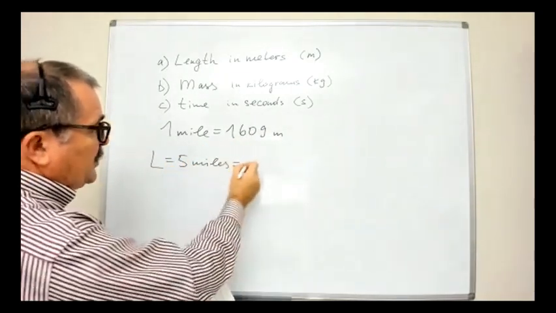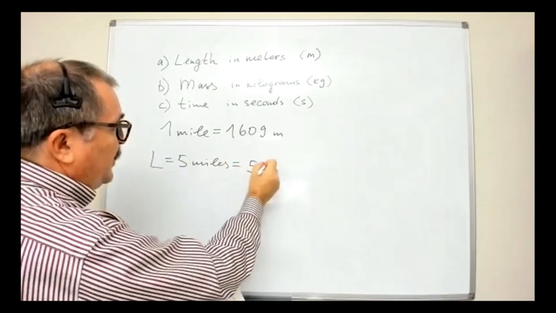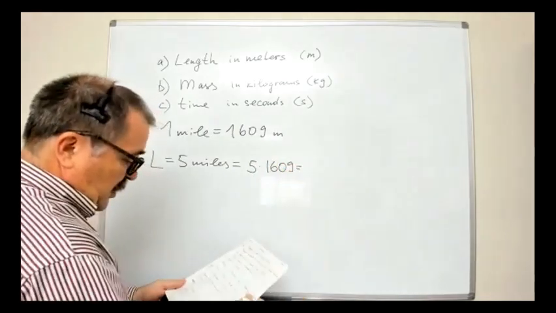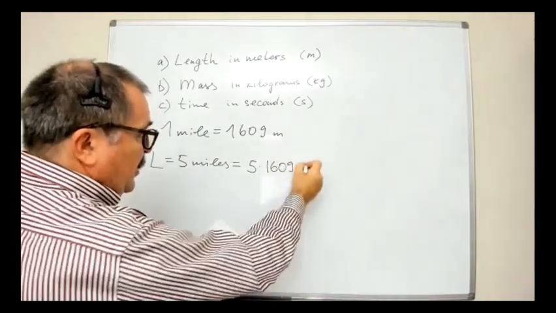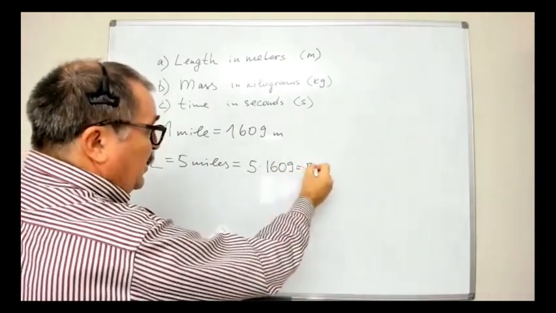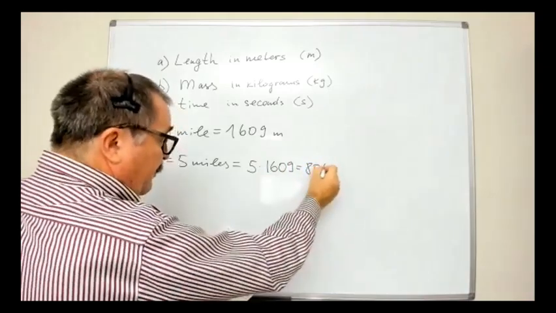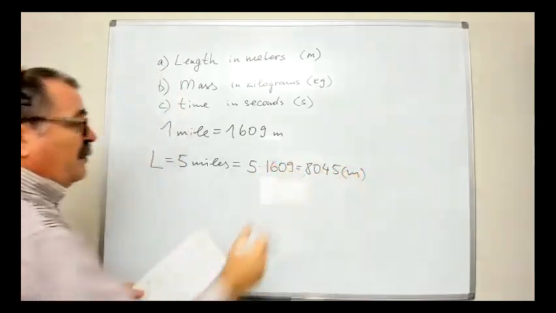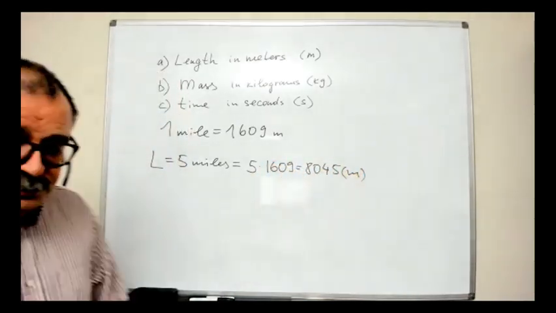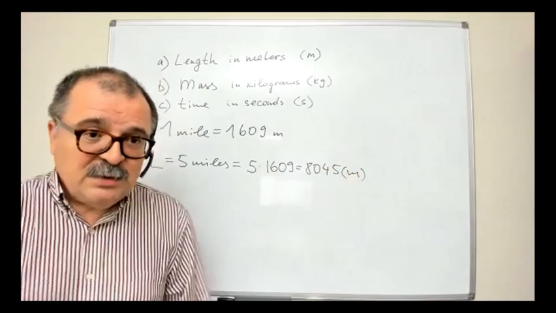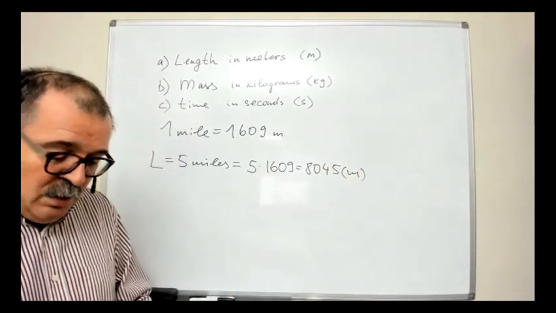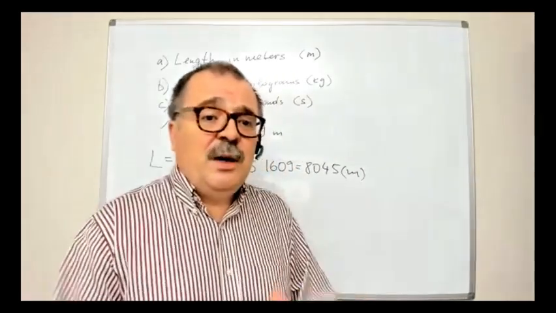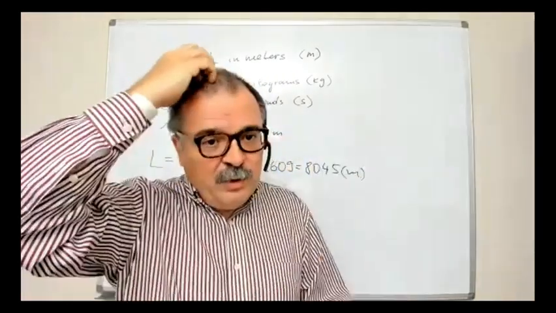To get the answer, you should multiply 5 times 1,609, and that is 8,045 meters. So that's one example of the conversion of units. But as I said, you have to know and more or less understand how to do this, but it's not the main target of this course.